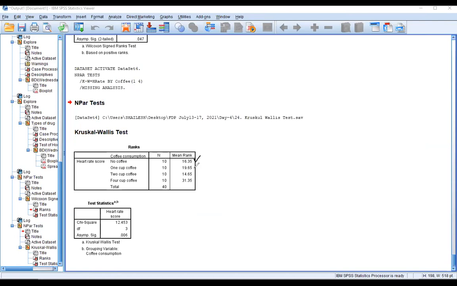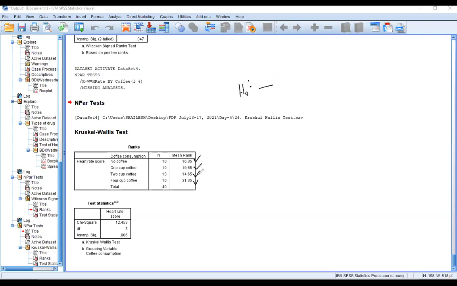Second, 19.65. Third, 14.65. Fourth, 13.545. The null hypothesis says all the median values or mean ranks are the same across the groups.